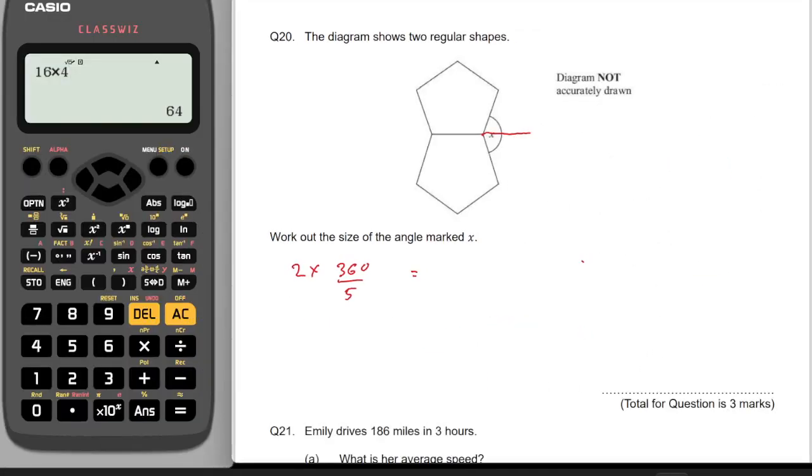So let's go to my calculator. So 360 divided by 5. So each exterior angle is 72. So times that by 2. So two lots of it are going to be 144. So x would be 144.